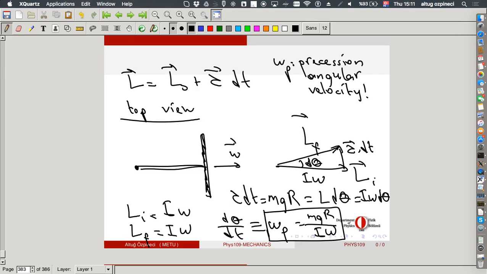You stay still. So let me first give it some small angular velocity. Okay, that's the initial angular precession frequency. You stay put.